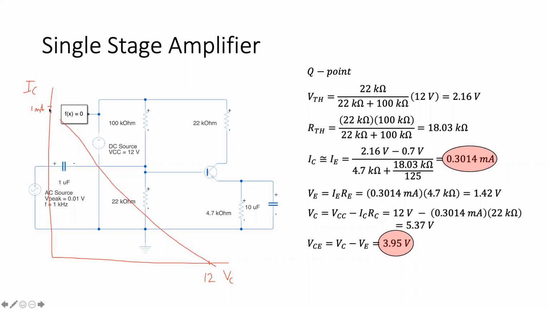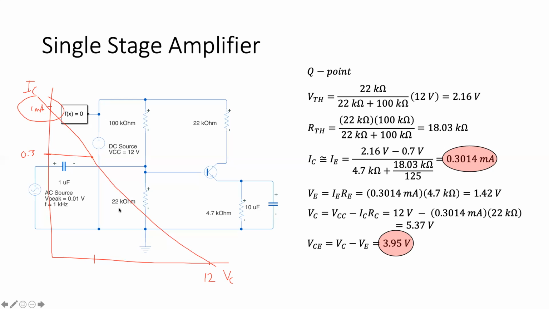Okay, so yan yung ating load line. And yung 3.95 nandito banda, tapos yung 0.3, nandito banda. Of course it's not to scale kasi malamang mali yung computation ko nito, pero makikita niyo na banda siya dun, just a little to the center of the load line.